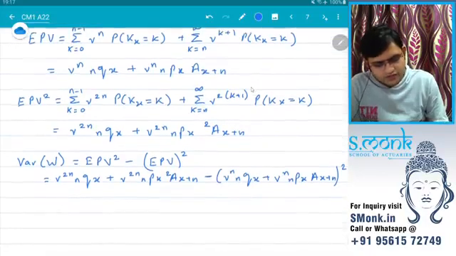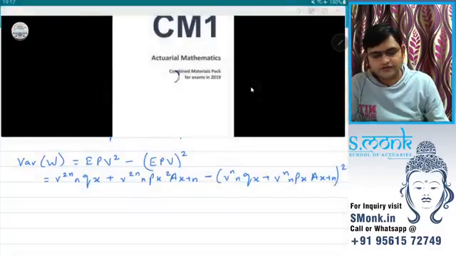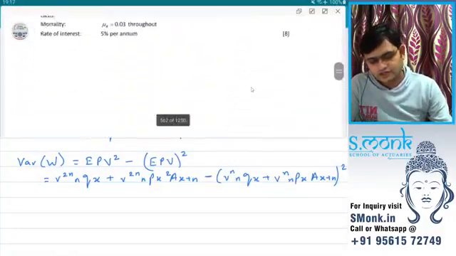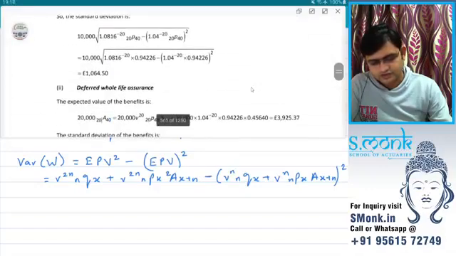Let's not simplify, let's leave it like this. Okay, this is good enough. We can definitely simplify and we might get a good simplification, but let's just see first whether we are getting a good simplification or not.